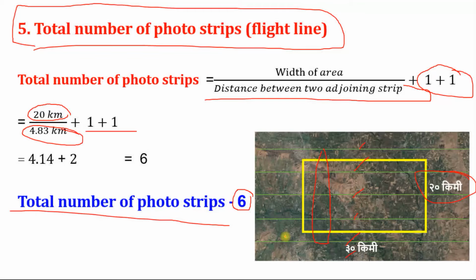So 2 photo strips are extra required to cover this study area. Due to some natural or man-made reason, there are some chances to exclude some area from the aerial survey. So we always get 2 extra photo strips for this problem.